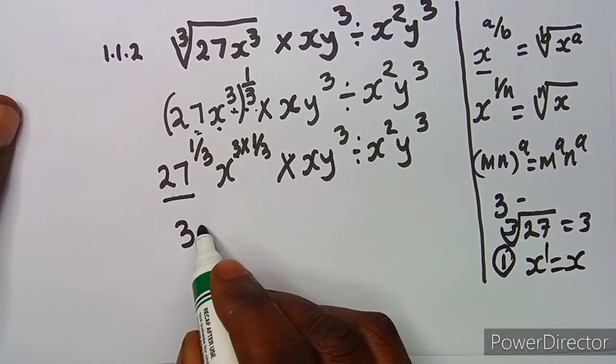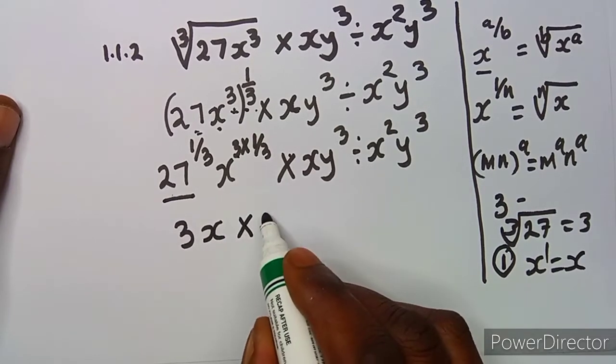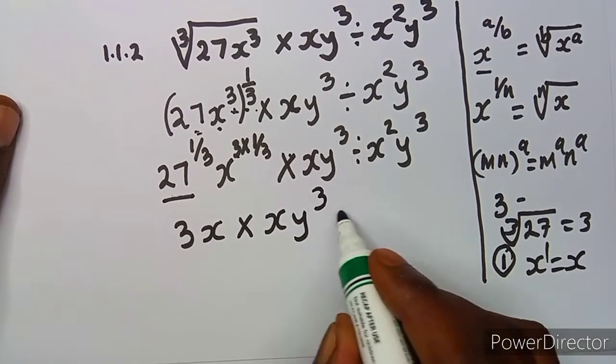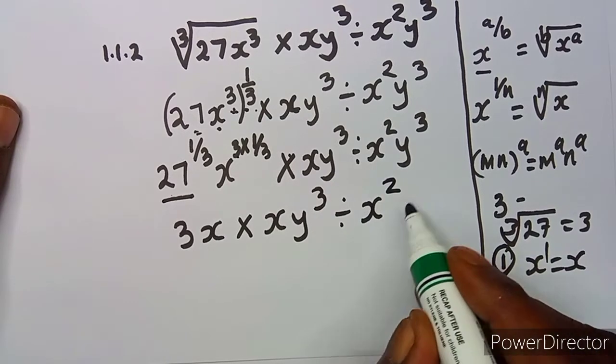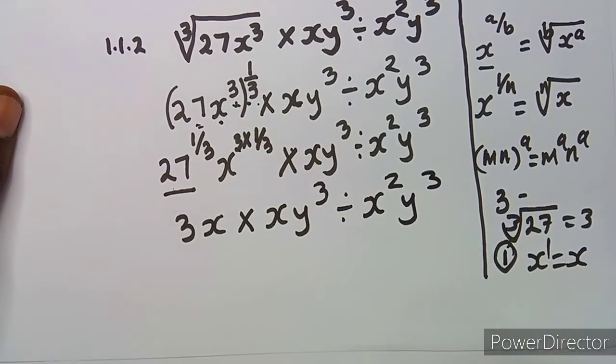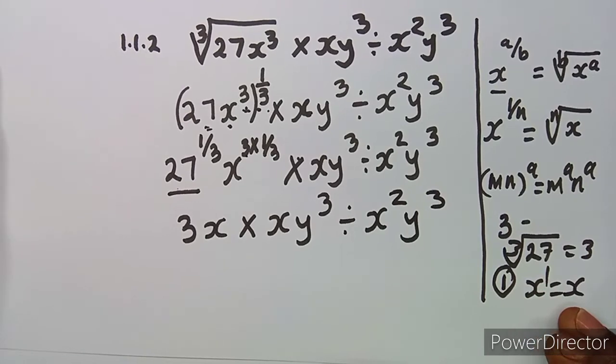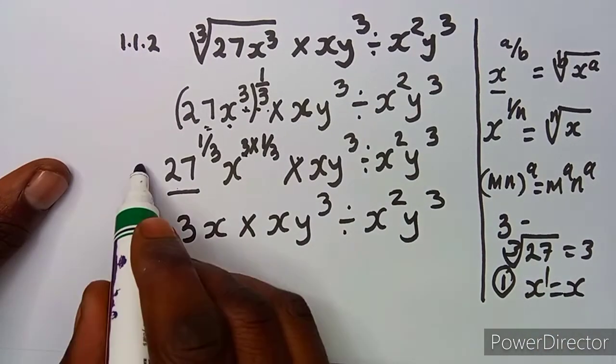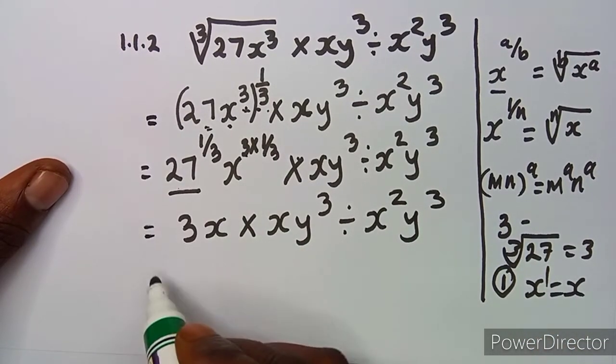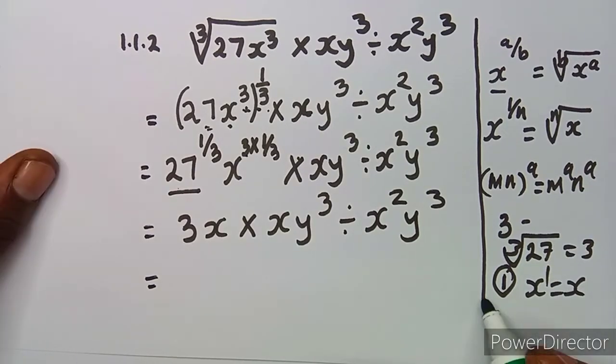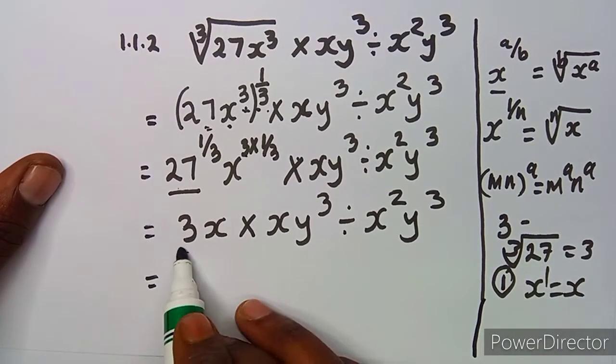So this is going to be 3x multiplied by xy cubed divided by x squared y to the exponent of 3, like that, which is y cubed. All right, let's see what you're having. We can apply the laws in whichever way you want. But actually here we are multiplying.